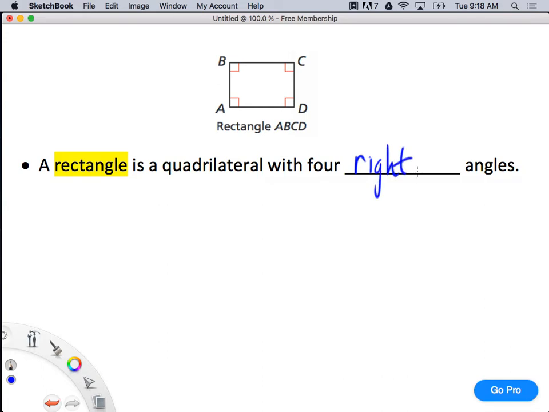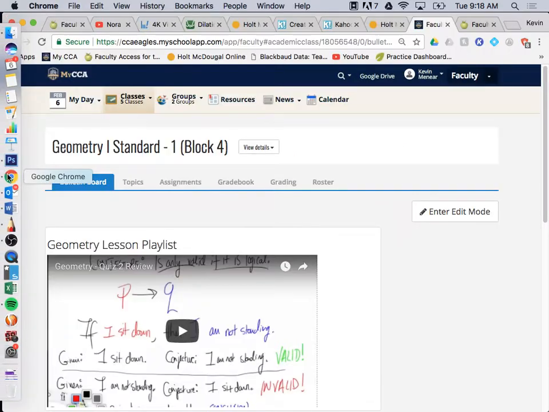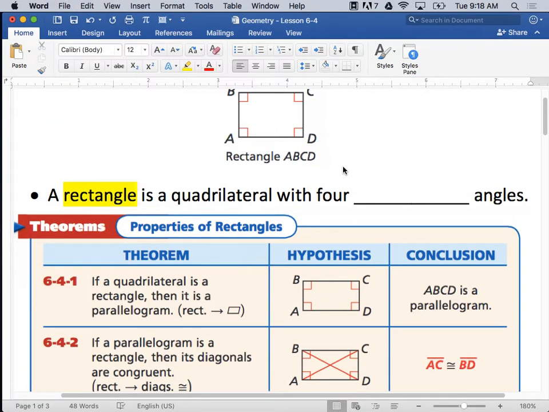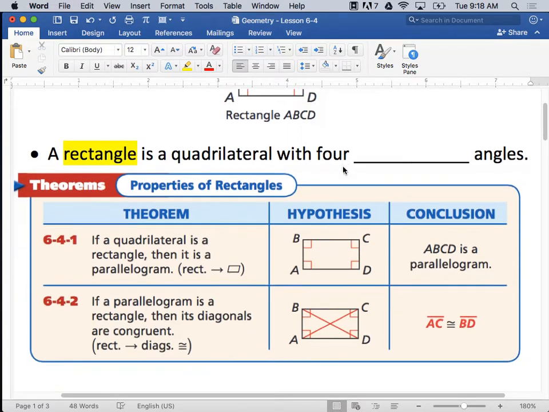A rectangle is a quadrilateral with four right angles. Okay, and then we continue on. So four right angles. What's the measure of a right angle? 90 degrees. That's correct.